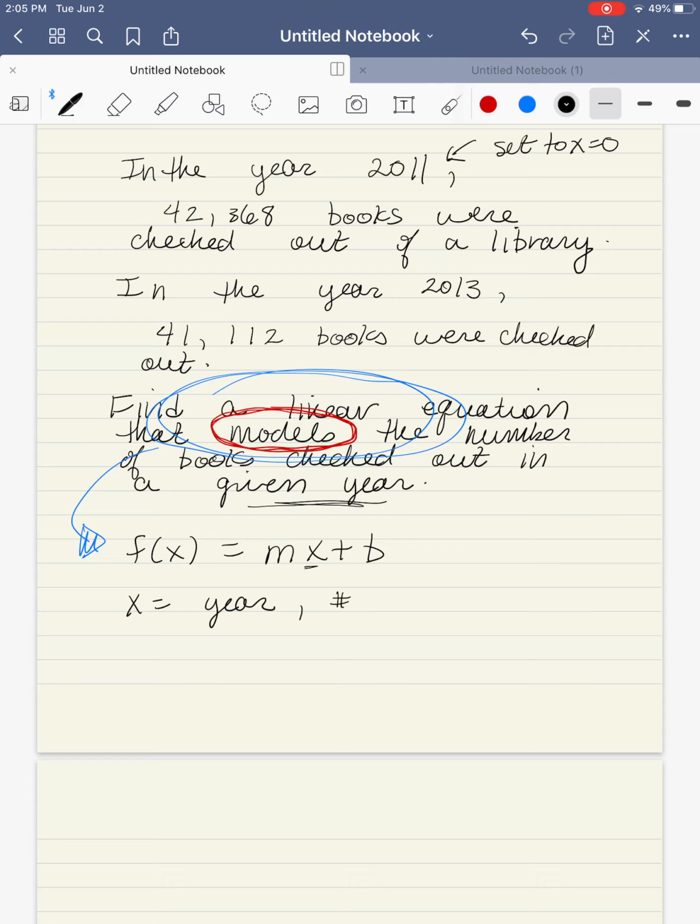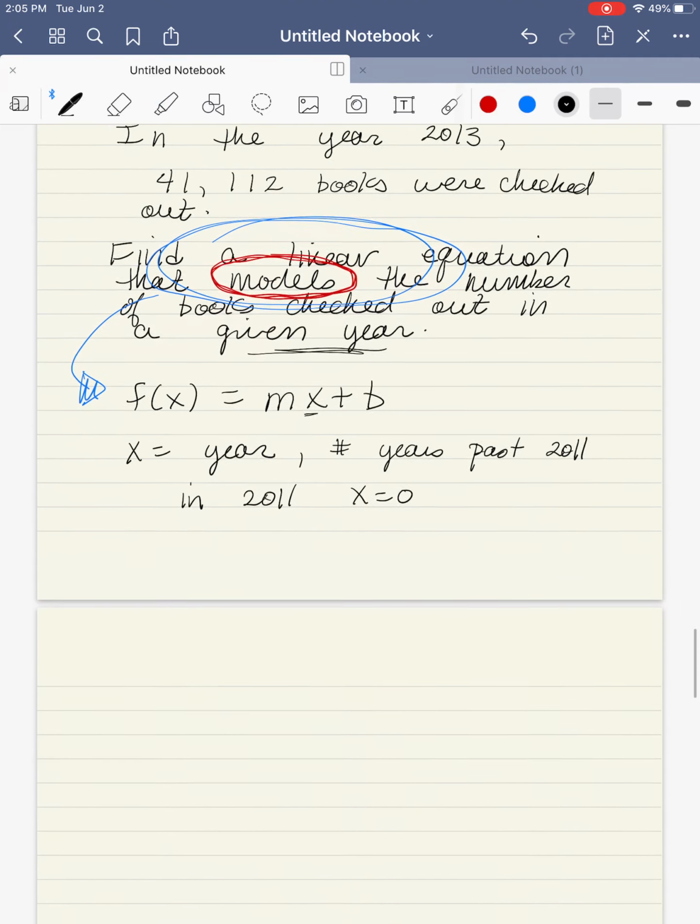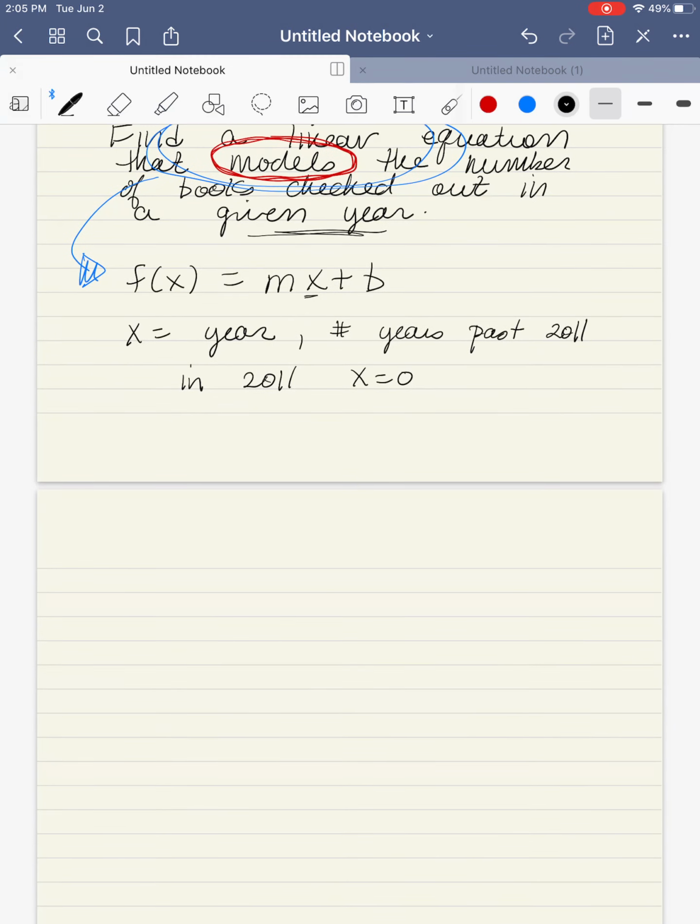So we're going to say that x is our year, and it's going to be the number of years past our initial year, 2011. So that means in 2011, x equals 0.